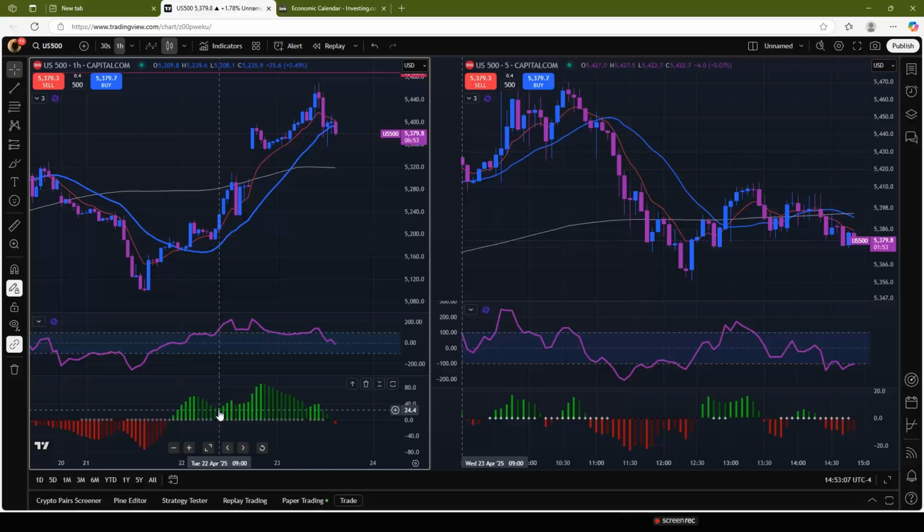Now, below the CCI, we have what you call the momentum squeeze, which is also an oscillator, but it shows you the momentum of the move, and it tells you where the market will most likely or potentially change direction.